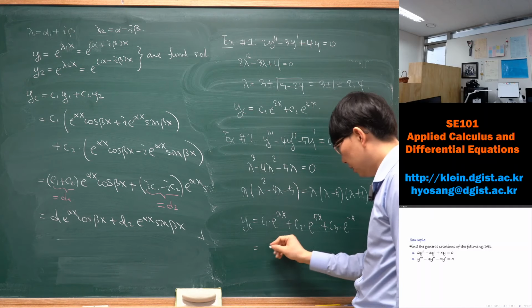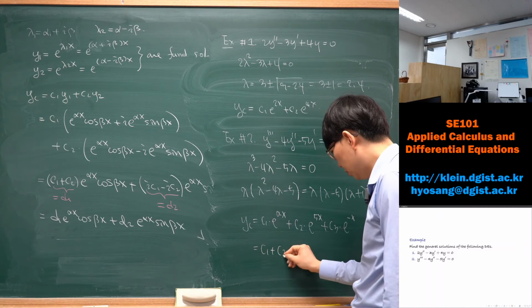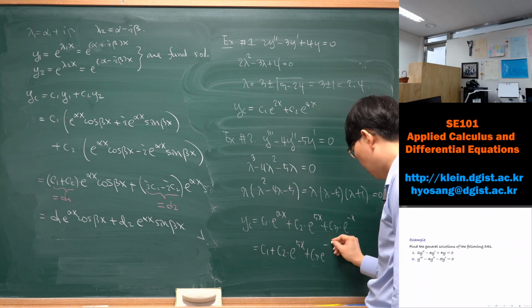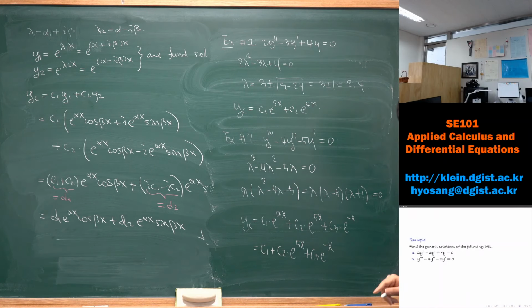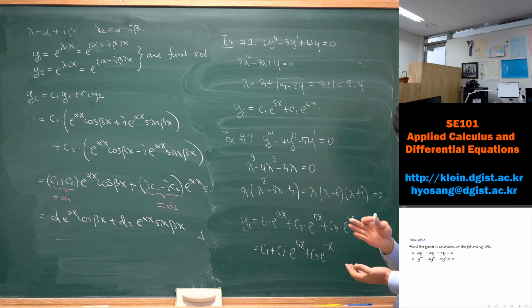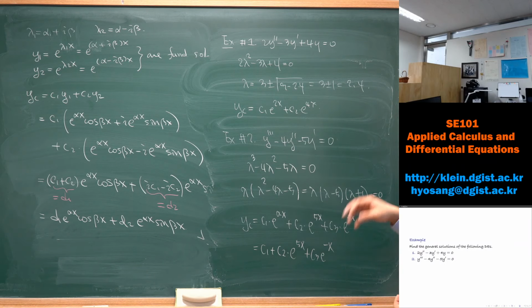So simplifying, C1 plus C2 times e to the 5x plus C3 times e to the minus x is the complementary solution. So the characteristic equation method is generalized to higher order differential equations, and that's the only case that we can have a generalization.